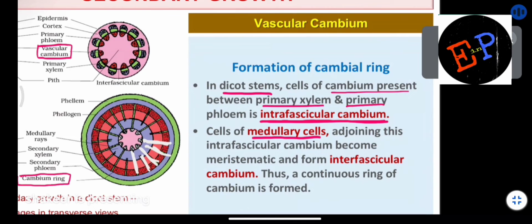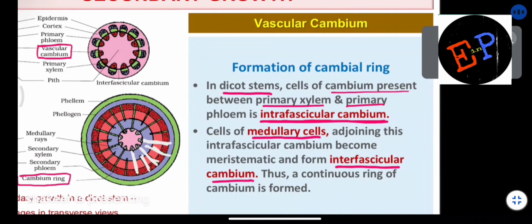Then the cambium ring is completed because of interfascicular cambium, and then a continuous ring will be created. It means in between two intrafascicular cambium, interfascicular cambium will be present. Are you able to understand?